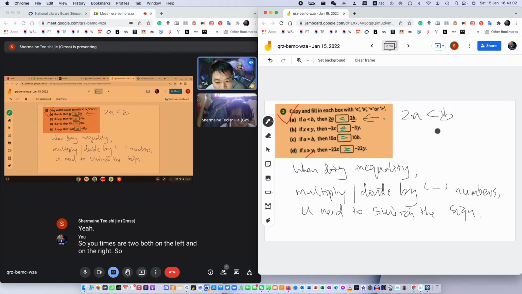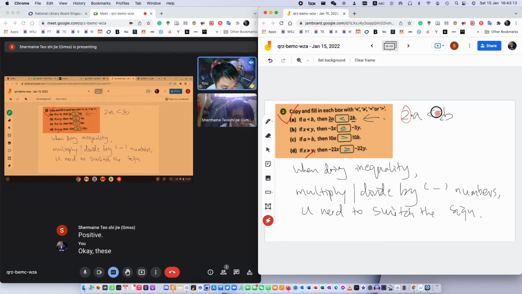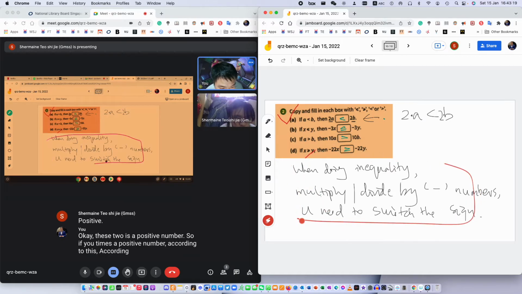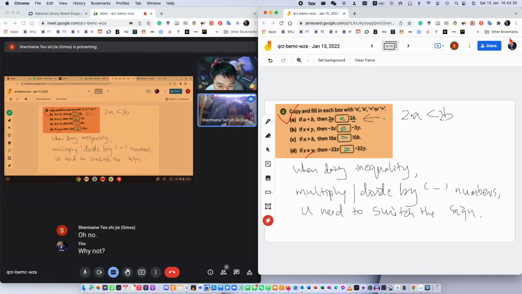So 2 is a positive number or negative number? Positive. So if you times a positive number according to this rule, do you need to switch the sign? No. Why not? Because it's not multiply or divide.